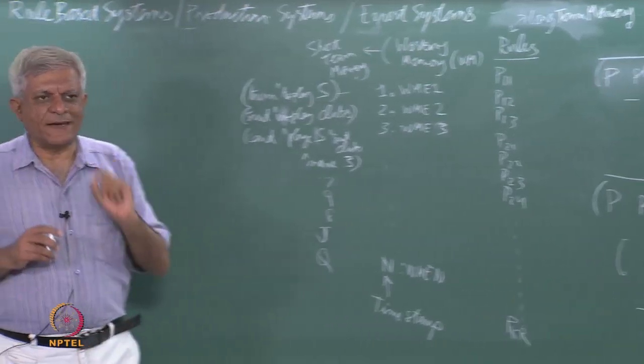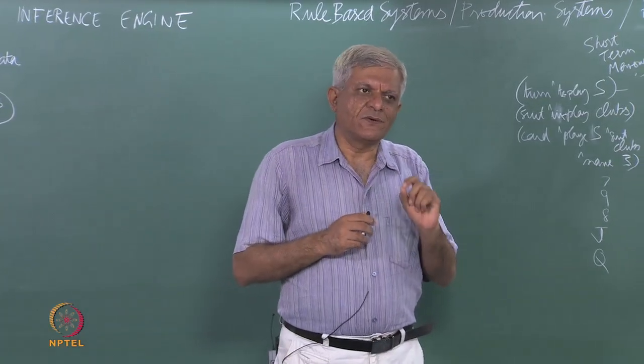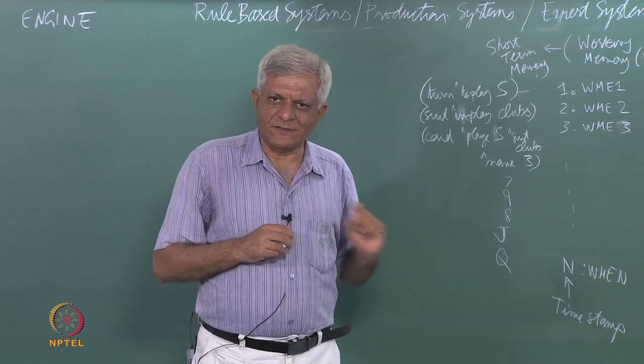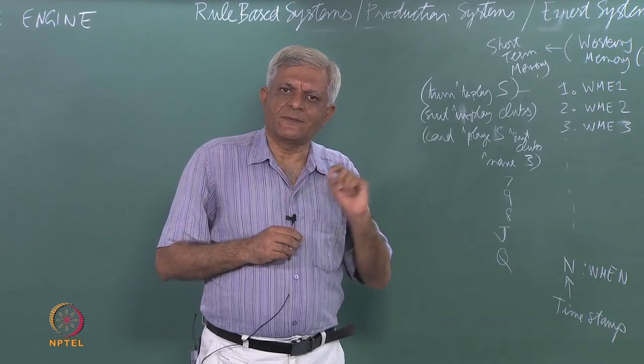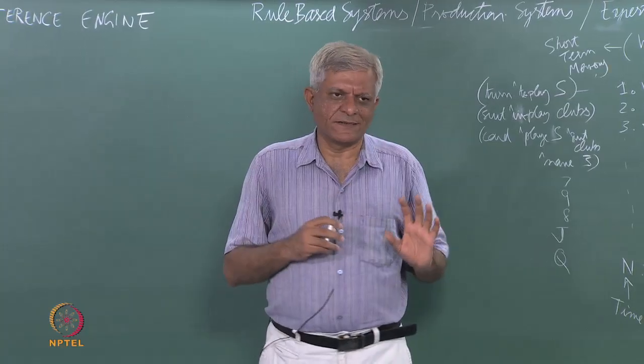So, the task of match, this first part of the inference engine, is to compute this set of instances of rules and the corresponding matching data and put it into this set which they call as a conflict set.